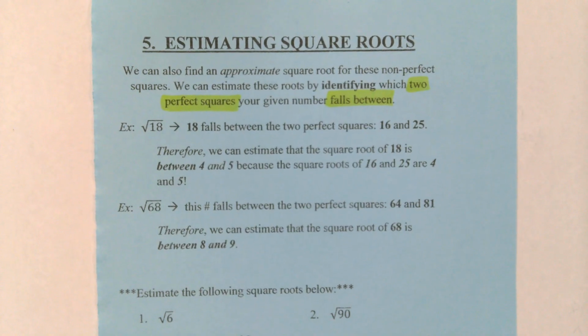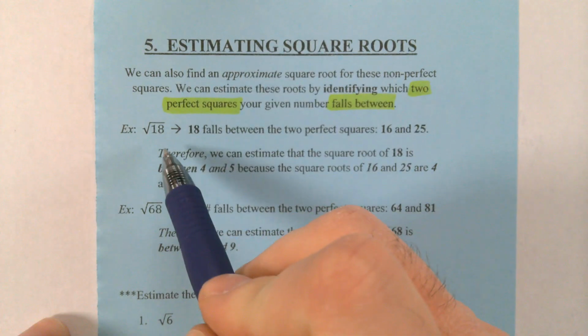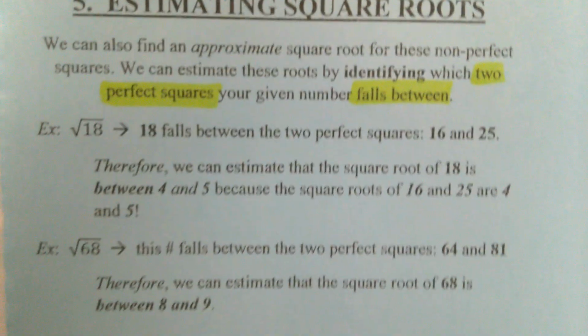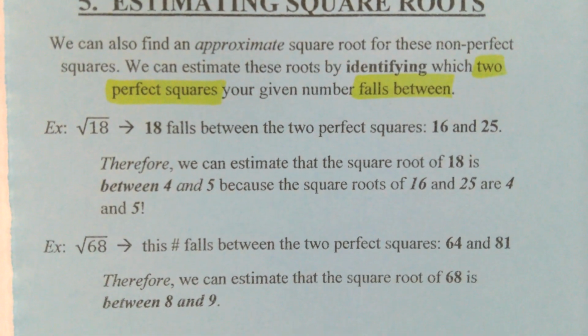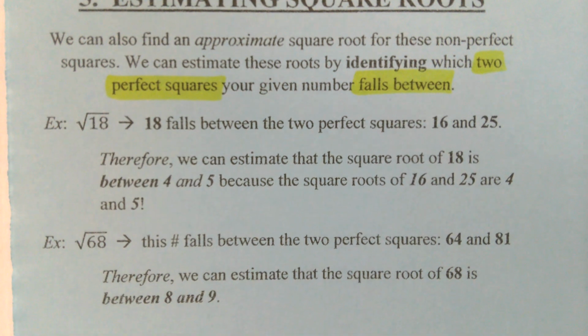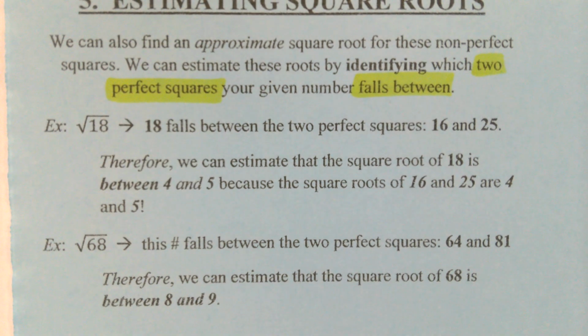Here's what we're going to do. Let's say we have the square root of 18. Okay, we can identify right away that 18 is not a perfect square. So we can tell 18 is not a perfect square.